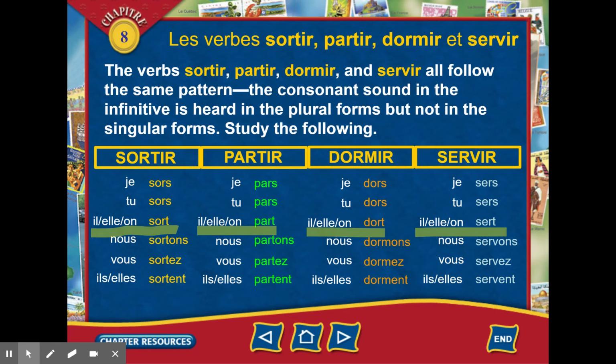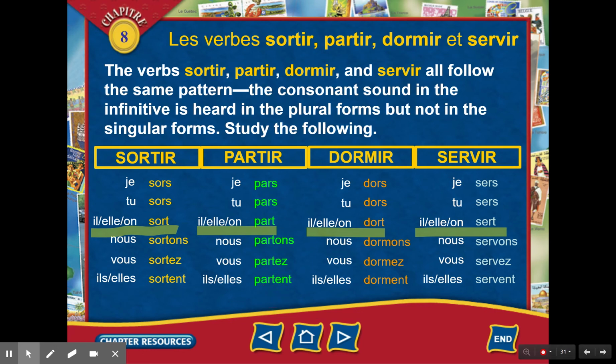But Madame Mayo, you say, how do I know to add that T? Well, I say to you, go back up to your infinitive, grab that T in the middle of that verb, and drag it down to the middle of your plural conjugations. We're going to do the same exact thing with partir. There's a T in the middle of partir. If I drag it down to the plural side, here it is, right in the middle of my plural conjugations.